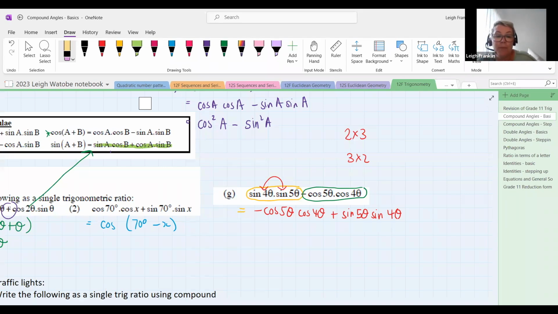But there's a problem. This minus is a problem for me. I cannot do the reversal of the expansion until I have dealt with this negative. So I'm looking for somebody to tell me what they think I should do with my negative. Sharon, do you know? You had your hand up a little while ago.